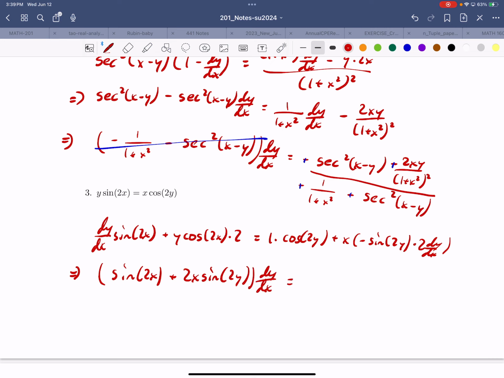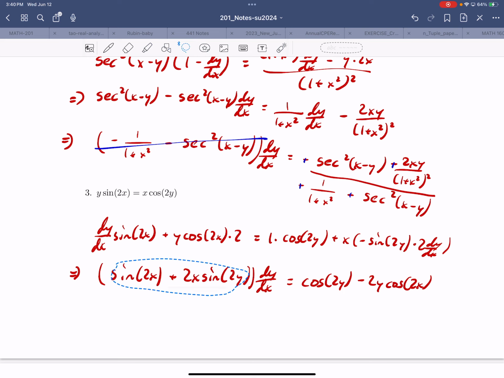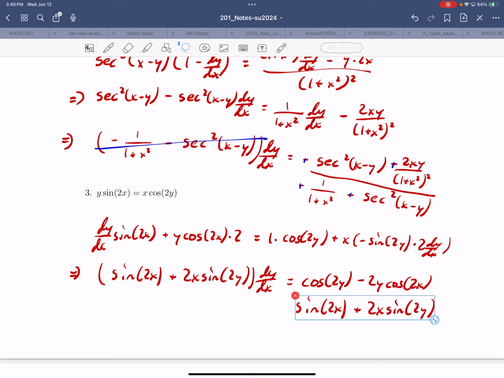And this is going to equal cosine of 2y minus 2y cosine of 2x. And then we just divide by all of this. Copy. Paste. Right down there, right? Draw a line, cross it out, and that's our answer.